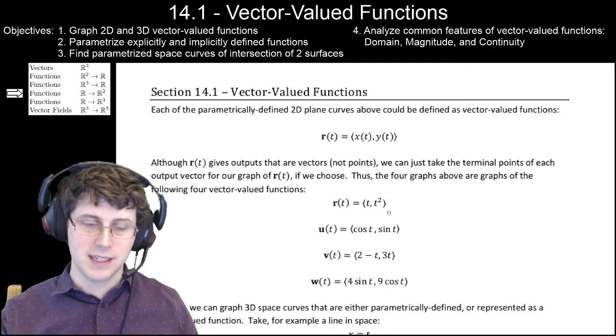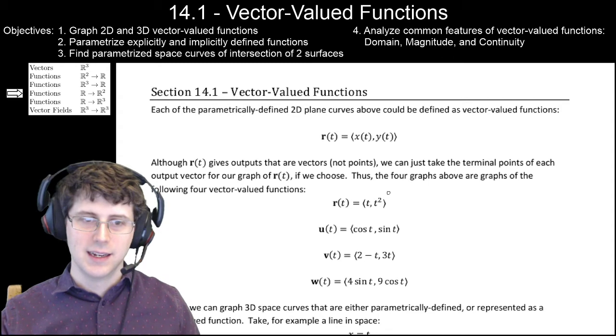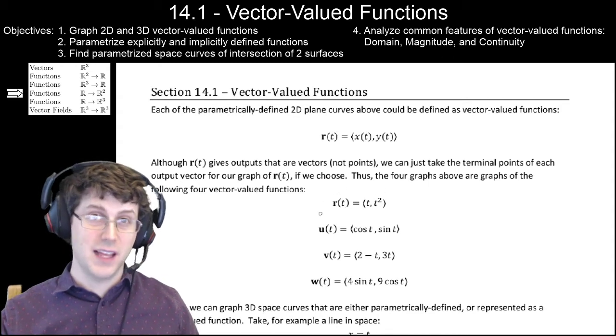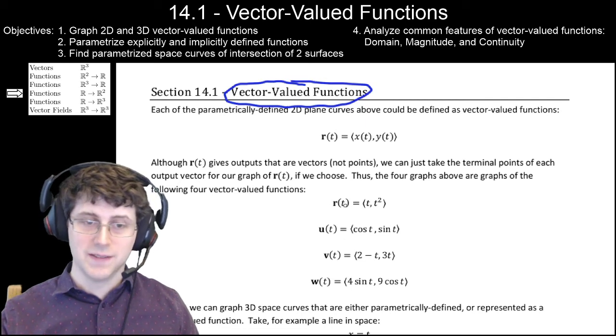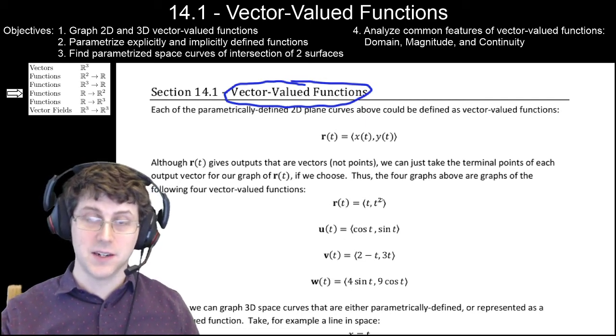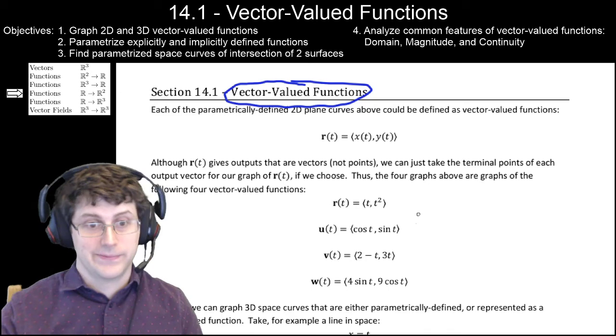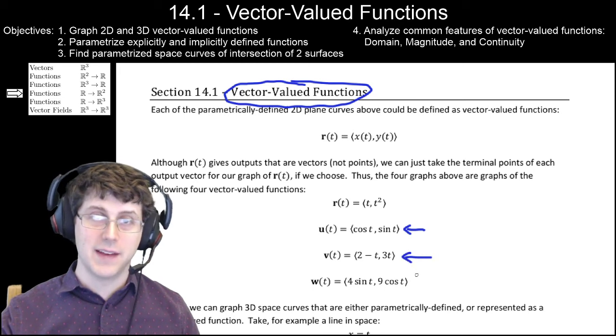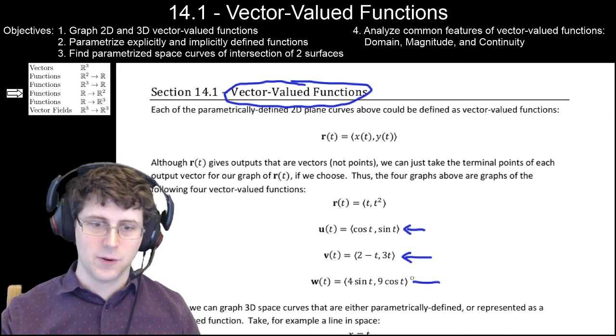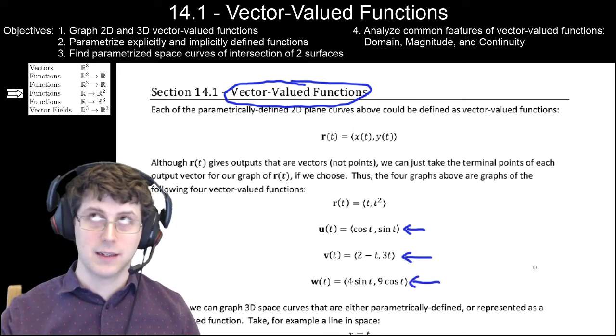That this is one object. It's one function, a vector-valued function, that takes an input of a number and hands you back a vector. This one was the circle, the second one. The third one was a line that was kind of headed off to the upper left, and the fourth one was an ellipse that was going in clockwise direction.